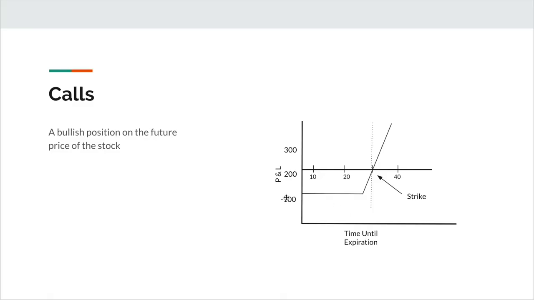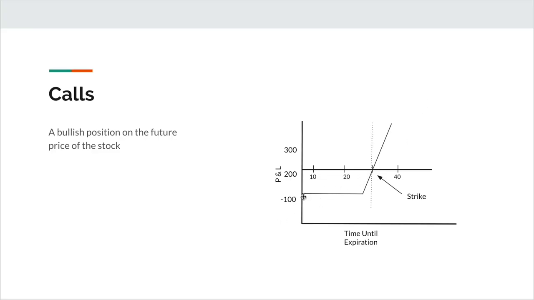Your entire goal is to spot the stock that's going to be worth more in the future and buy a call on it until expiration date. So say expiration is at the end of this diagram. If you hold a call, you want the stock to achieve that strike price and surpass it for you to start making money on your option.